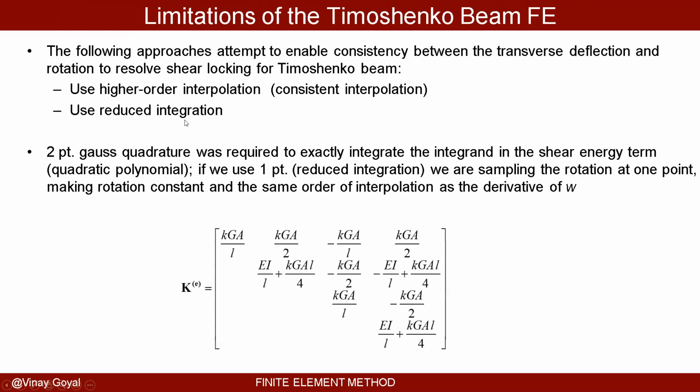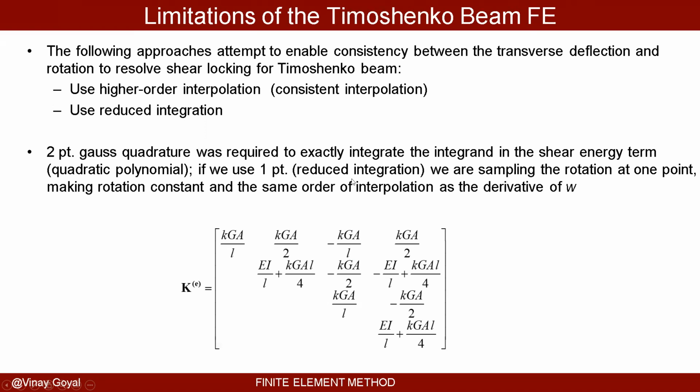You can use reduced integration. So those are two approaches that exist. 2-point Gauss quadrature was required to exactly integrate an integrand that has a quadratic polynomial. But if we use 1-point integration, we're sampling the rotation at 1 point.